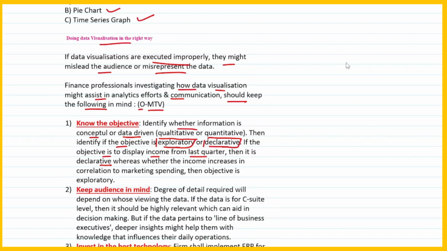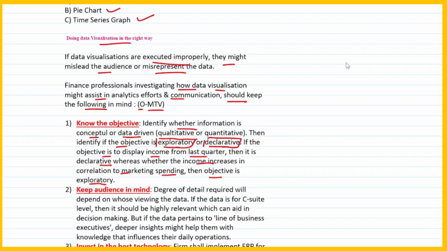So that is more declarative in nature. Whereas if the income increases in correlation to marketing spending, then the objective is exploratory, right? So you're exploring things in this case. So if you're just giving the data which has already happened, that would be called declarative. Whereas if the income is increasing with respect to the marketing spending that you're doing, then that objective becomes exploratory in nature. So know the objective talks primarily about two things: one is exploratory and the other is declarative.